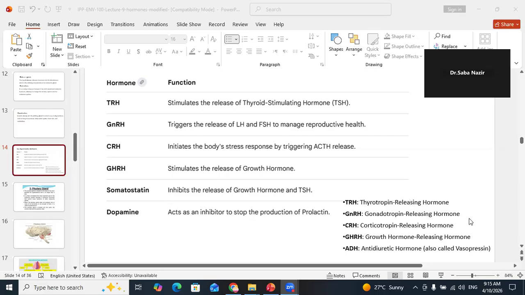and TSH, the thyroid stimulating hormone. We discussed earlier that a certain concentration of a particular hormone is released. Once the hormone's job is done, it has to be inhibited. So somatostatin plays a very important role.